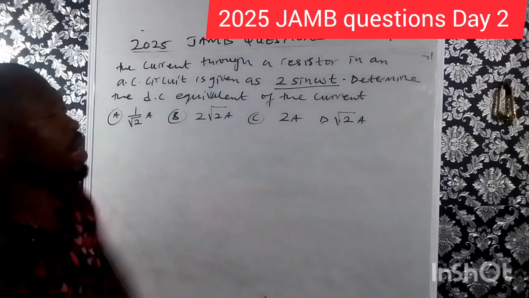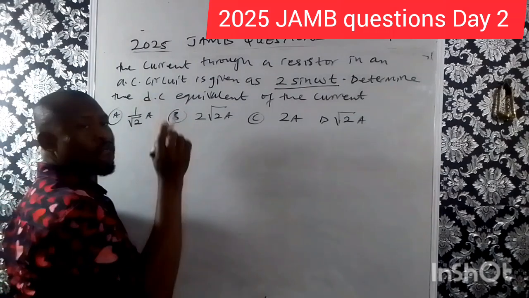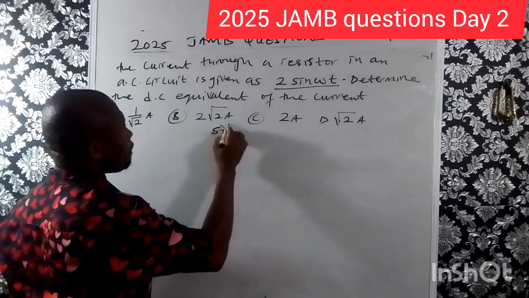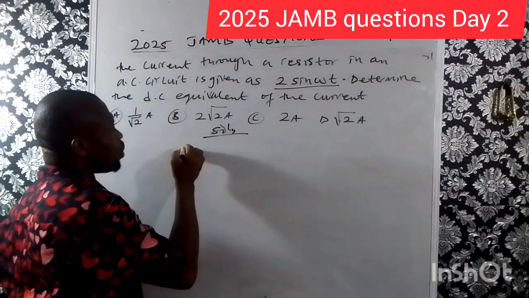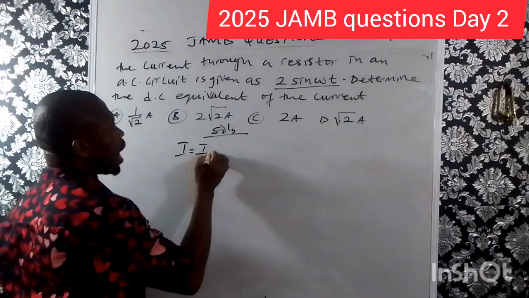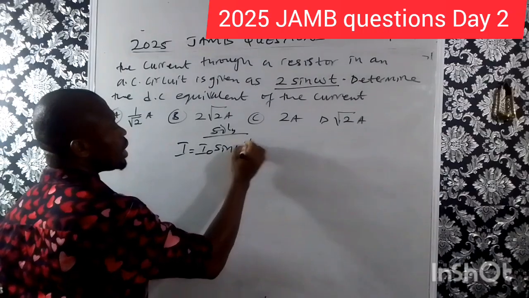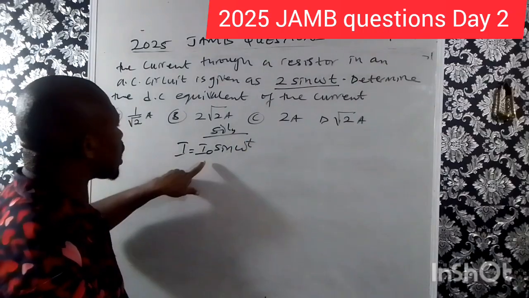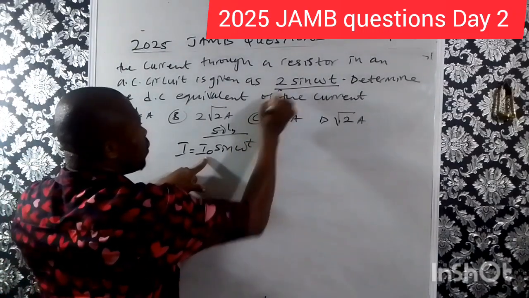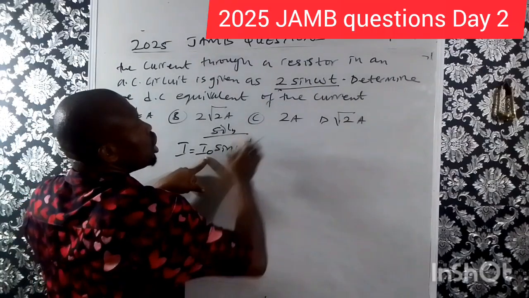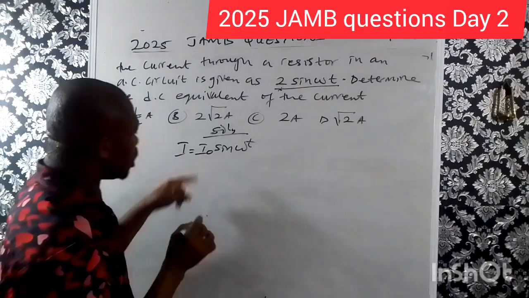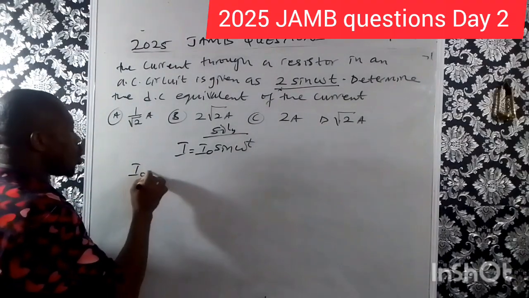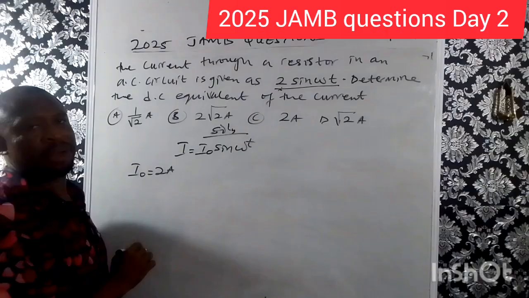Now, you know that the alternating current is expressed as I equals I naught sine omega t. Whatever value you have, if you compare this with this equation, this is our peak current. That means I naught is 2 ampere.